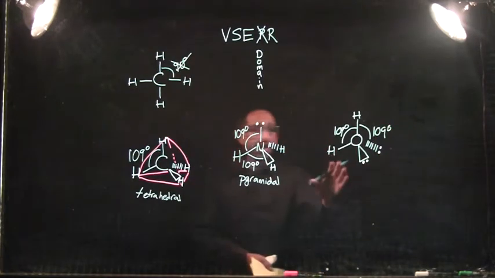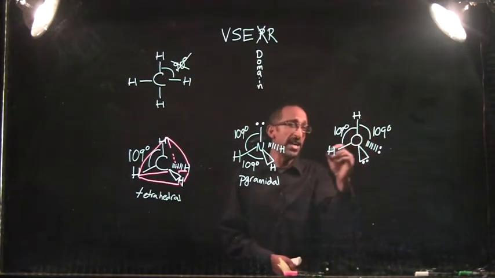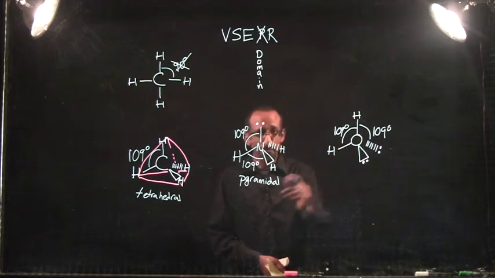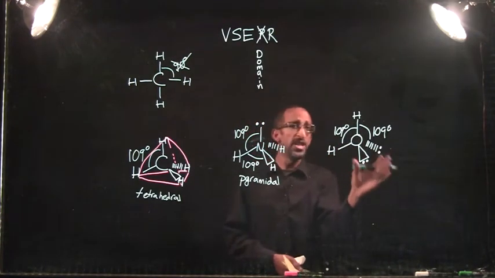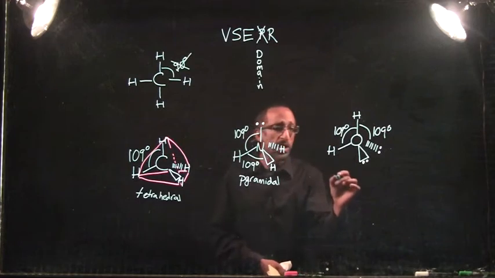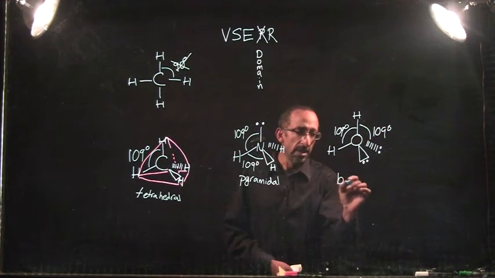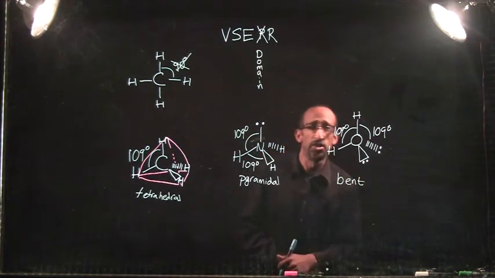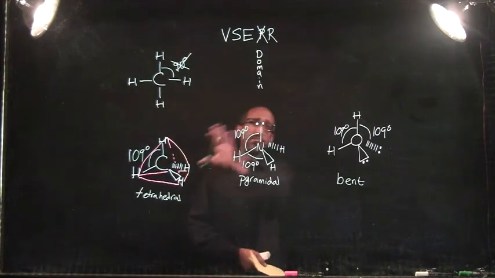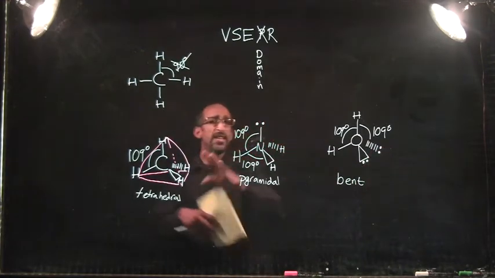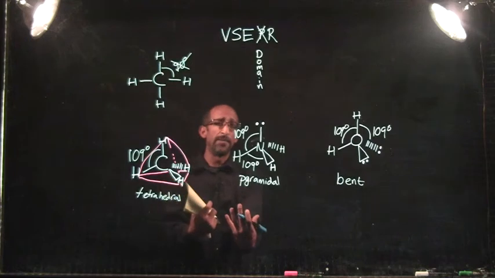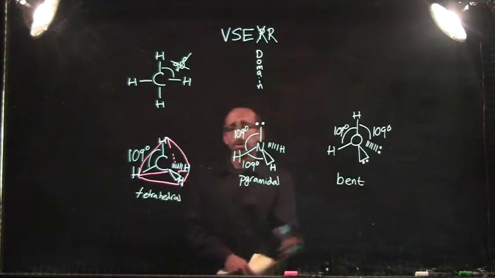Okay? However, because we only have 3 atoms involved in this molecule, we would not call this a tetrahedral geometry. Here now we call this a bent geometry. So 4 electron domains equally spaced around a central atom. We have 3 different scenarios.